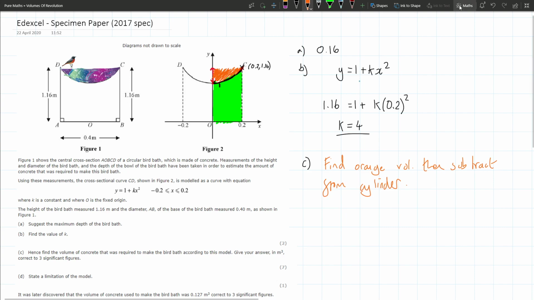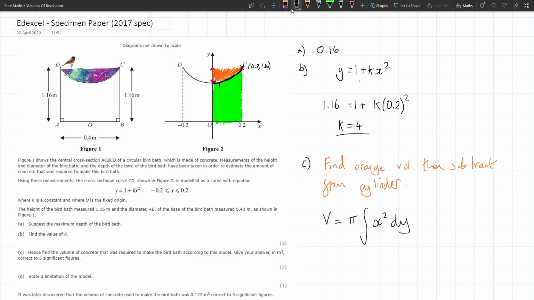So let's just do that. Because it's a rotation around the y-axis, it's going to be x squared dy, and there's some pretty nice stuff going on here you might have already spotted.